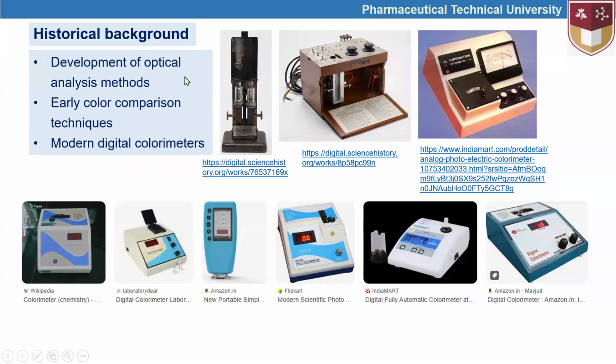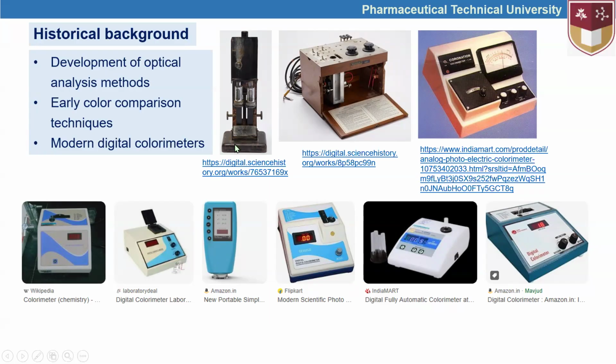Here in this photo, we can see historical background of colorimetry tools, the past development of optical analysis methods, early color comparison techniques, and here we can see modern digital colorimeters.